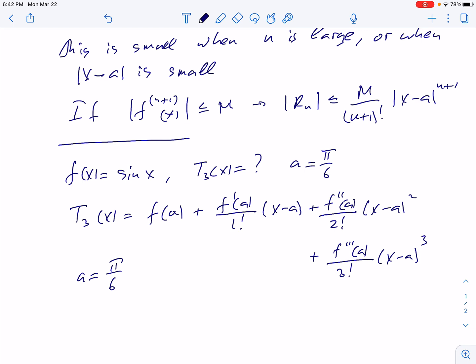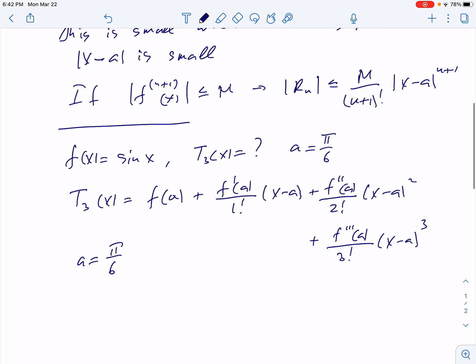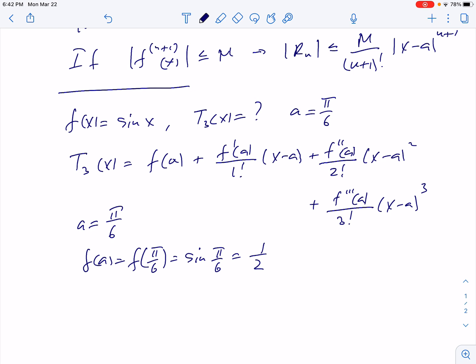So we have to compute sine pi over 6. So that's f(a). This will be f(pi over 6), which is sine pi over 6, and we know that this is 1/2. Then f prime(a). f prime here is cosine x. f prime(pi over 6) will be cosine pi over 6.